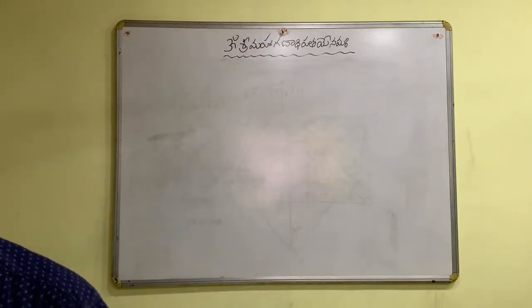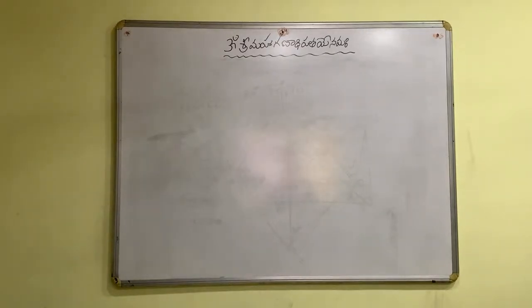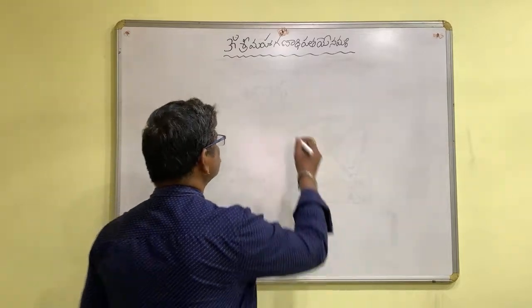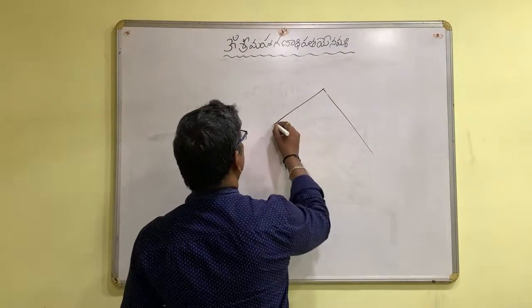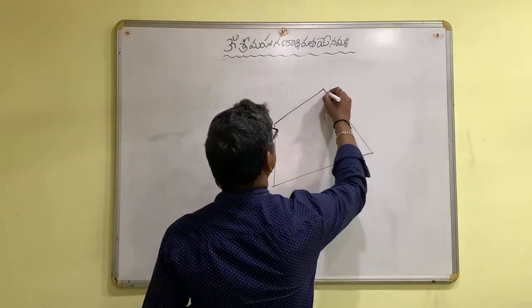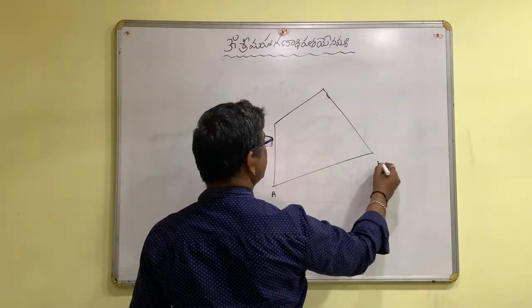Question number 11. In a quadrilateral ABCD, AO, BO are the bisectors of angle A, angle B respectively. Angle C 70, angle D 30, then what is angle AOB? This is the question. There is a quadrilateral ABCD.